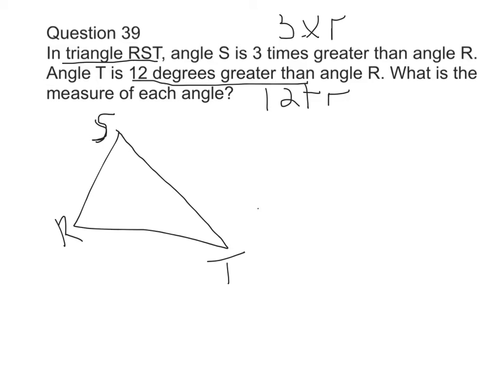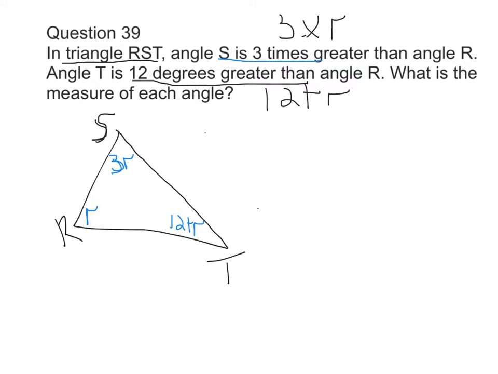So what I'm going to do is I'm going to go actually write these in. So R is what they're comparing them all to. Then they said angle S is 3 times greater, so that would be 3 times R. And then angle T was 12 degrees greater, so that's just 12 plus R. Now we have to remember that all triangles, the interior angles add up to 180.